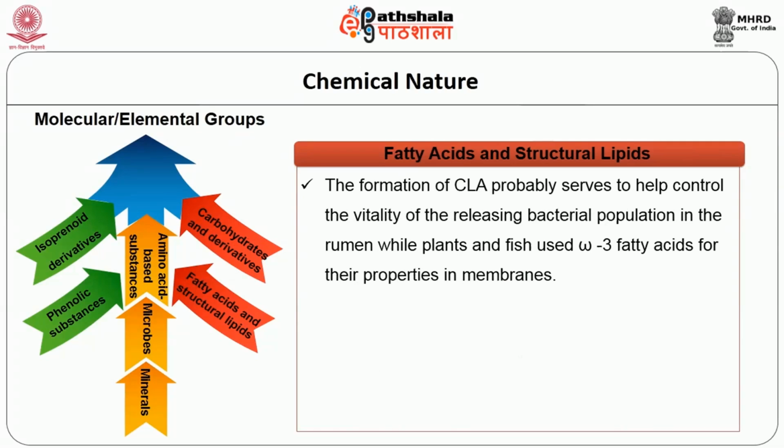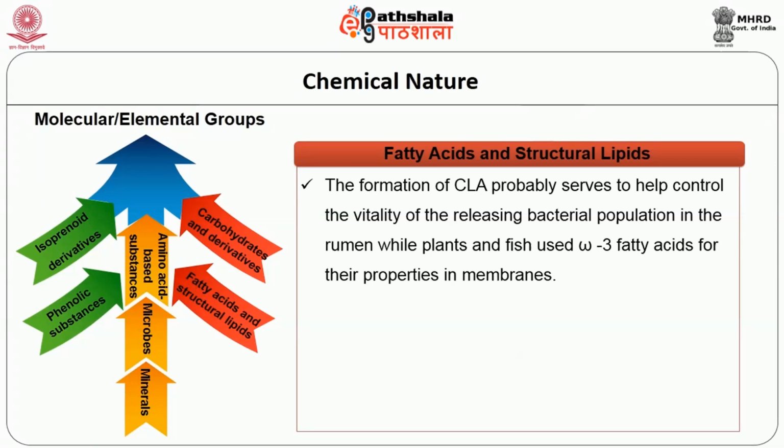Fourth one is fatty acids and structural lipids. There are a couple of fatty acids or derivatives that have nutraceutical potential. They include omega-3 PUFA, which is present in higher concentration in plants, fish and other marine animals, and the second one is the CLA, which is produced by bacteria in the rumen of grazing animals such as cattle.